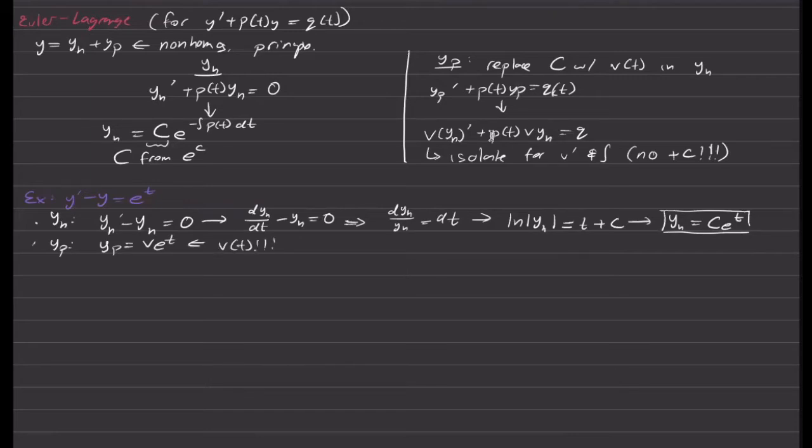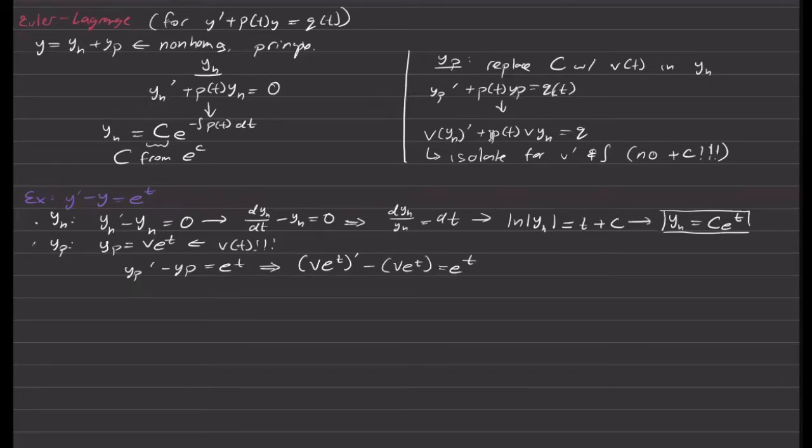Then we can plug it into the overall differential equation: y_p prime minus y_p is equal to e to the t. Plugging in our solution for y_p with the v of t, this becomes (v times e to the t) prime minus v times e to the t is equal to e to the t.